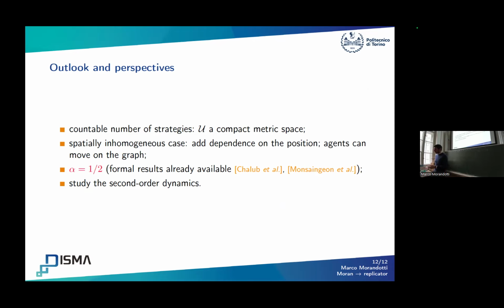And so for alpha equals 1/2, there are formal results already available in the literature by some Portuguese or adopted Portuguese people. So Fabio Chalub is a Portuguese mathematician, and Léonard Monsaingeon is a French one, but is in Lisbon at the moment. And they formally prove that you do get the Fokker-Planck equation that I mentioned before.